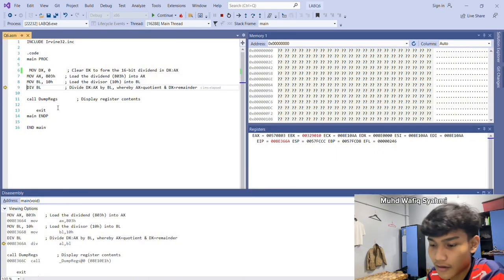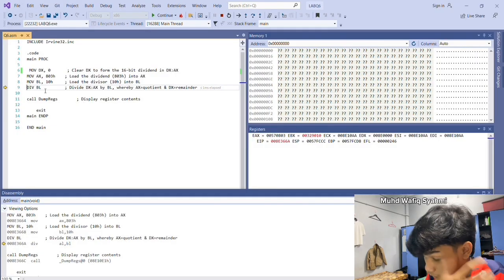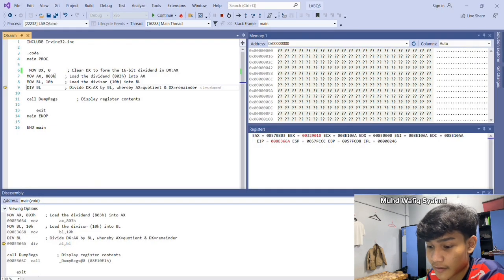At line 4 it shows div bl. This instruction divides ax by bl, where ax equals 0803h, which is 2051 decimal, and bl equals 10h, which is 16.